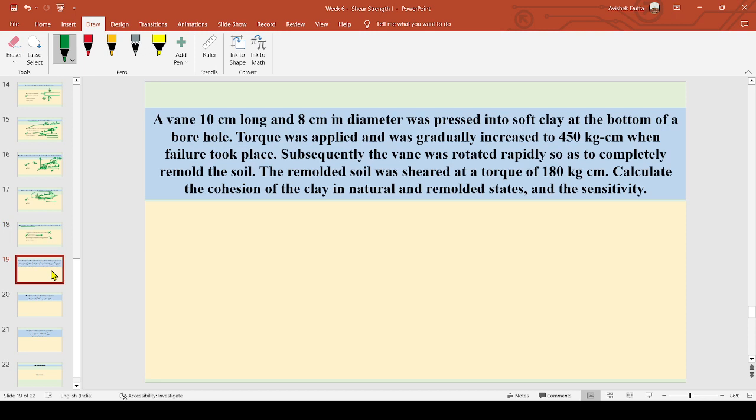Yes, vane shear test. The dimensions of the vane are given: 10 cm long, 8 cm in diameter, pressed into soft clay.